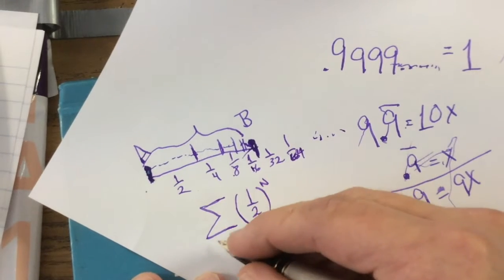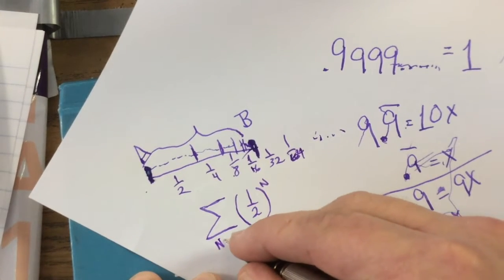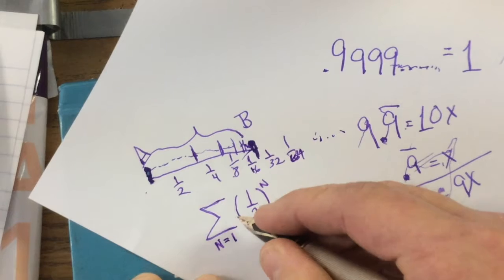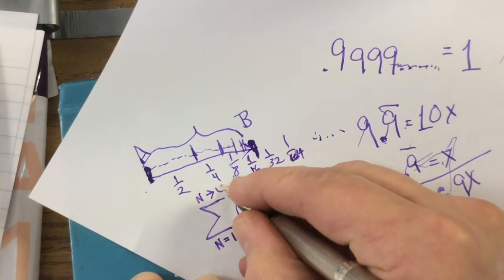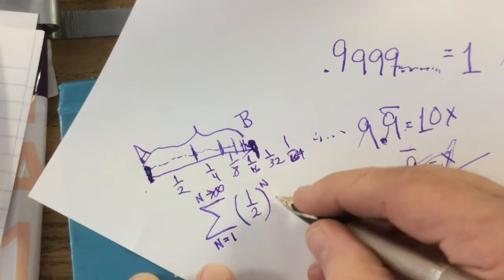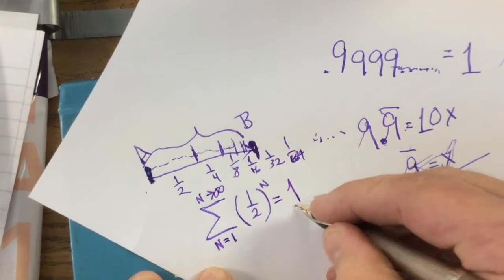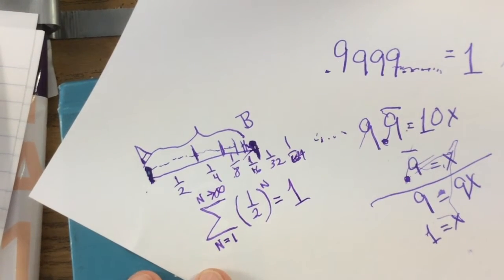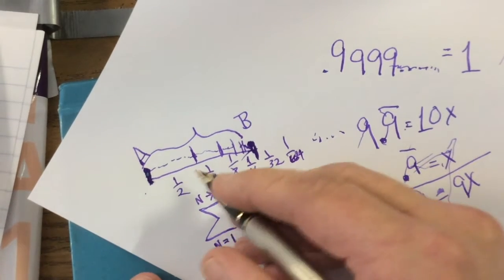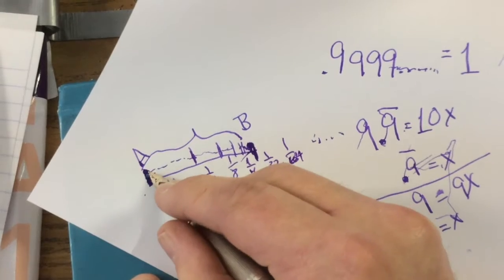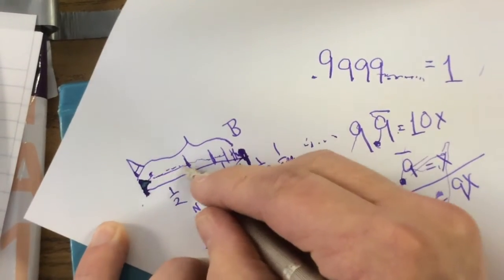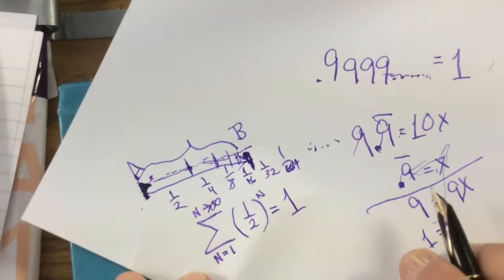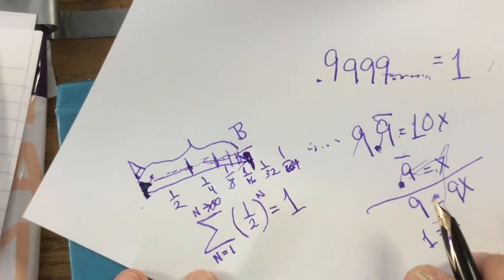If I take all of those and I go from n is equal to 1, and then just let n approach infinity, this equals 1. And if you're saying to yourself, how do I know that? Trust me, I have tried. Take a running start, and you will hit the wall.